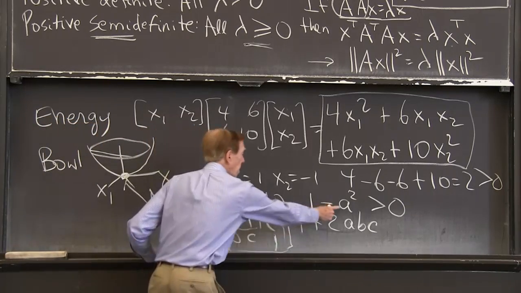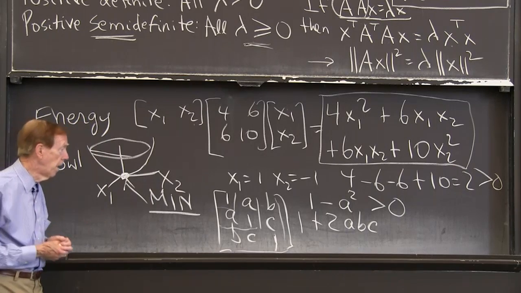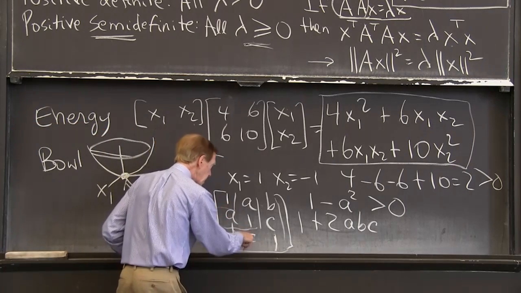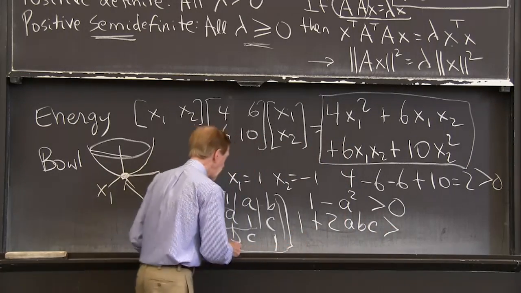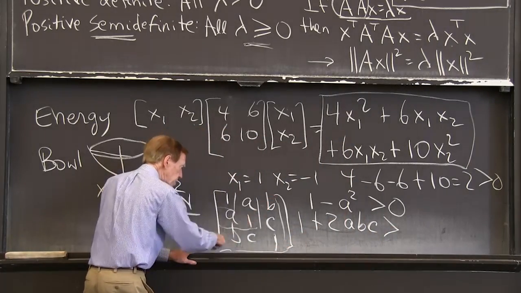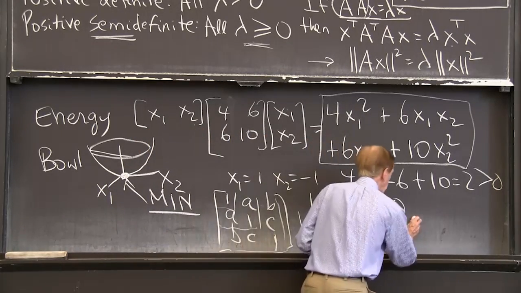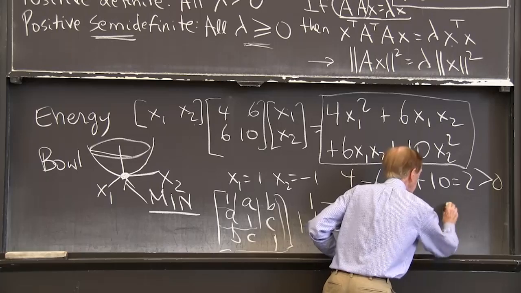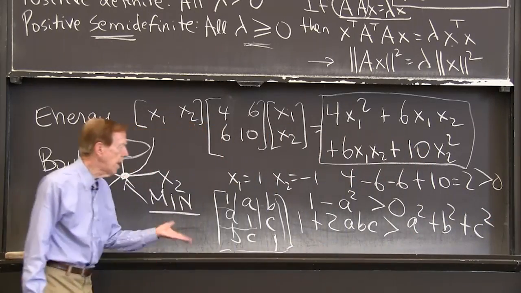Okay, so I saw that a squared had to be below 1. But now what's the determinant test? I think this has to be bigger than what I'm getting from this direction, which is a b squared and a c squared and an a squared. Oh, look at that. a squared, b squared, and c squared. That would be the answer.